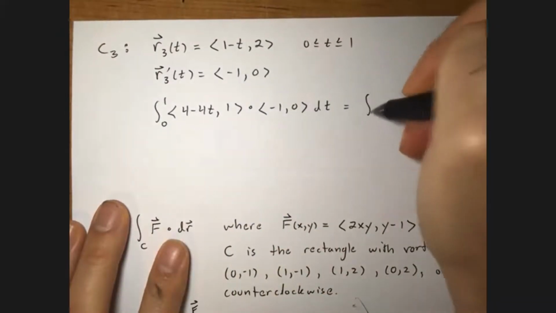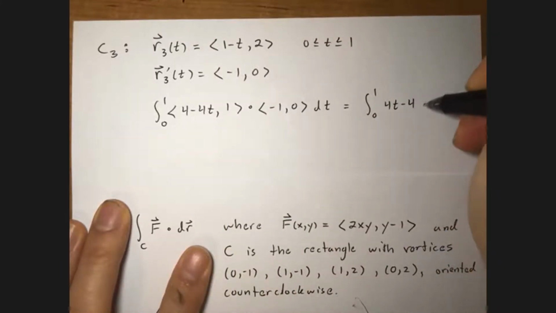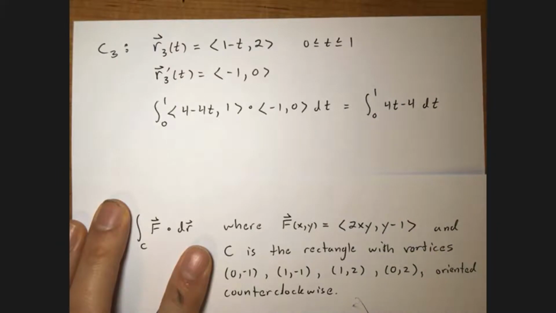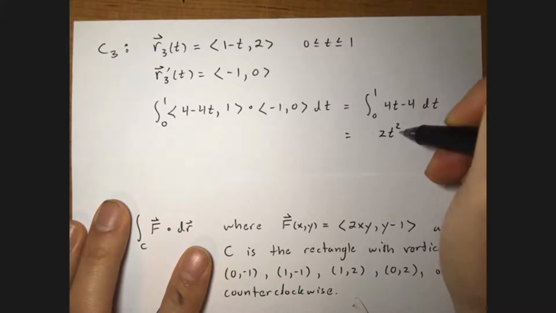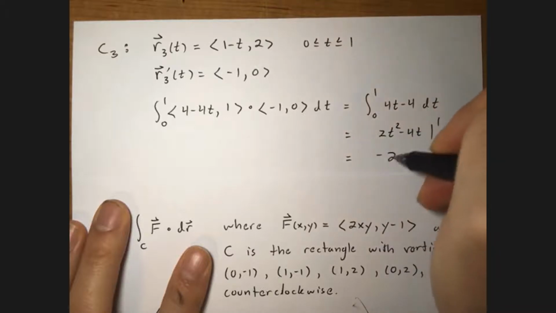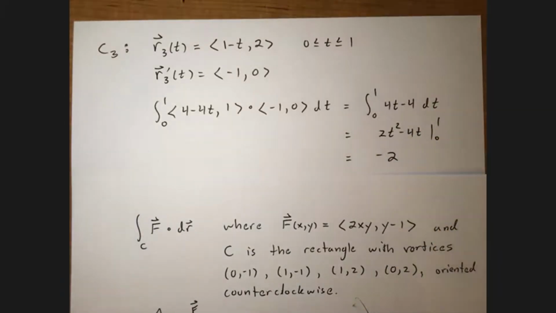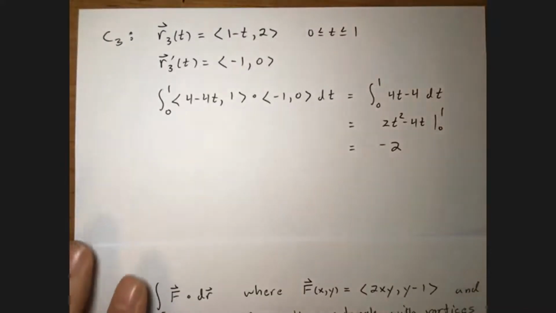So that becomes the integral of 4t minus 4. Right? And anti-differentiating, we get 2t squared minus 4t, evaluated from 0 to 1. And that gives us -2. Again, looks like we're going mostly against the force vector here. We keep getting negatives.